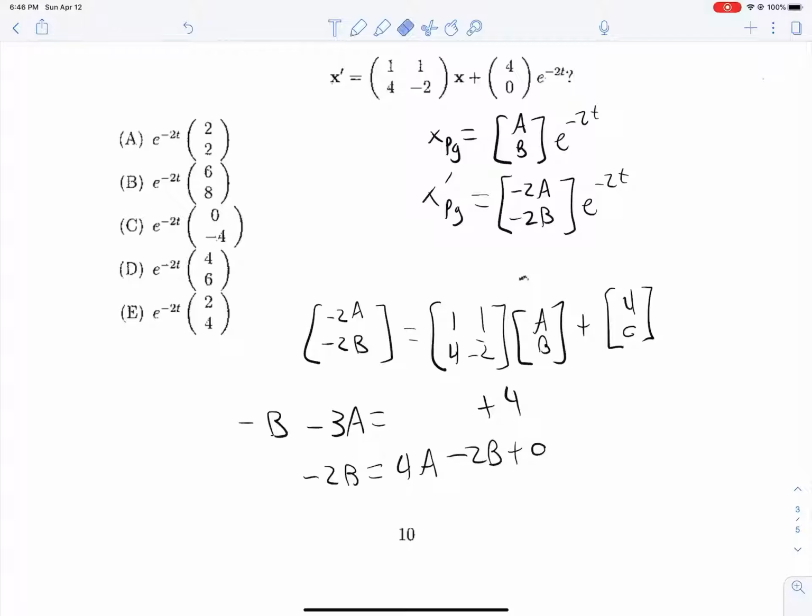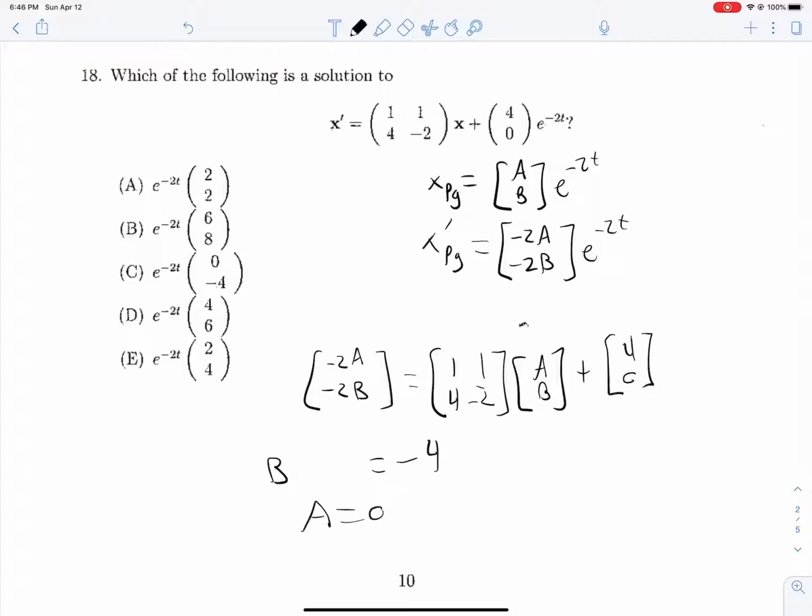We can add 2b over here and see that 4a is equal to 0, so a is equal to 0, which means that this equation just simplifies down to b is equal to negative 4, and that makes our lives a lot easier because we are done.